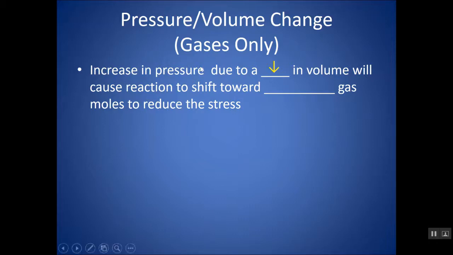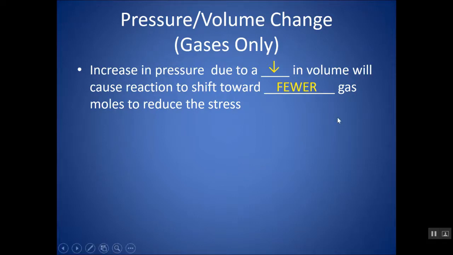So if I'm decreasing the volume that I have for these gases to exist, in order to reestablish equilibrium, the reaction is going to shift toward fewer gas moles. I have less volume for these gases, right? So in order to decrease the concentration, I need to shift to the side of fewer gas molecules.